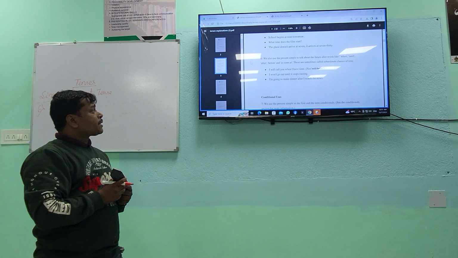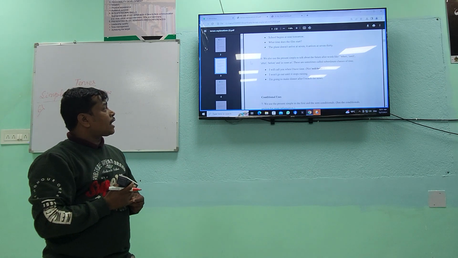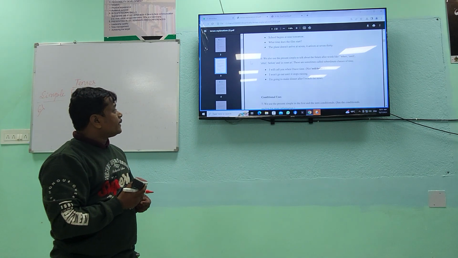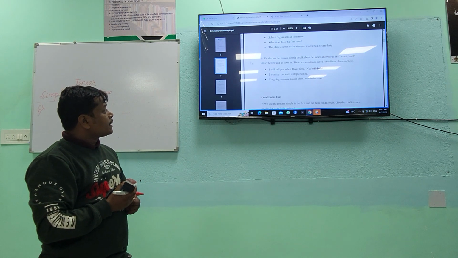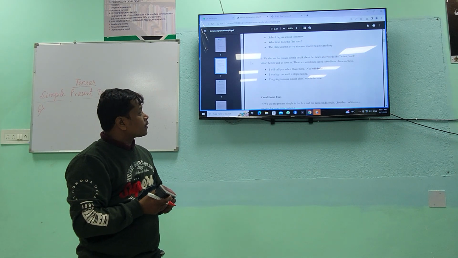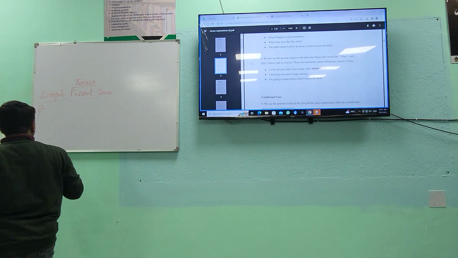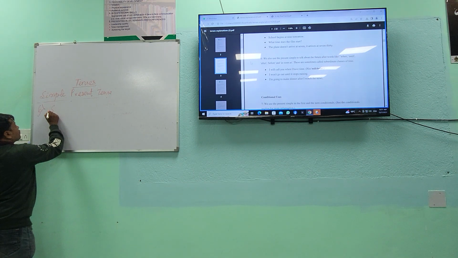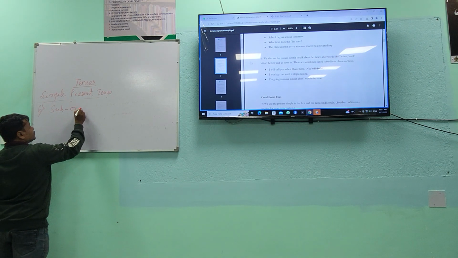We also use the present simple to talk about the future after words like when, until, after, before, and as soon as. These are sometimes called subordinate clauses of time. So we use simple present tense in subordinate clauses of time.